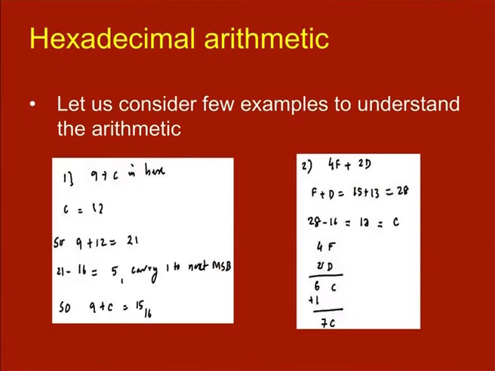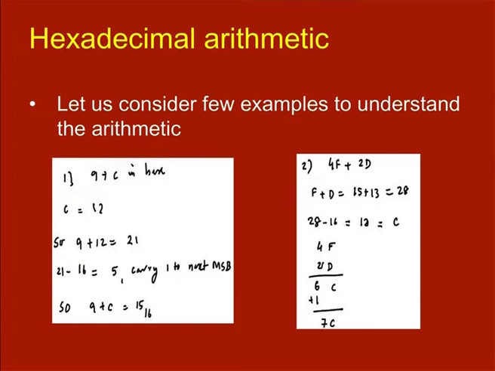So, let us try to understand this by using the following two examples. In the first example, we want to represent 9 plus C in hexadecimal form. Now, C is represented as 12 in the hexadecimal number system. So, 9 plus 12 is 21, which is more than 16.